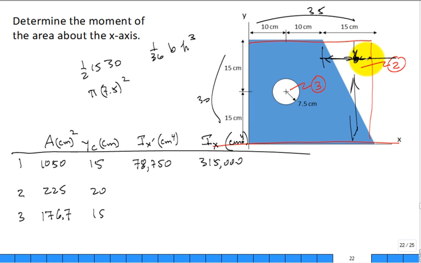So for about this centroidal x-axis, you pick up 1/36. What is the base? 15 centimeters. What is our height? It's 30 centimeters cubed. So 1/36, 15, 30 cubed. You come in with I sub x prime of 11,250 for the triangle.